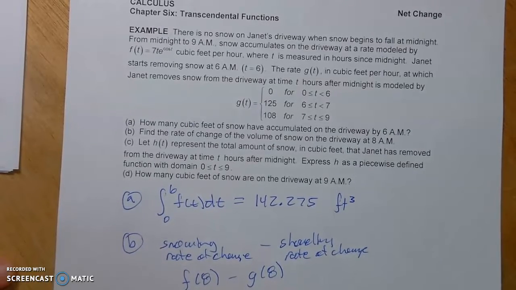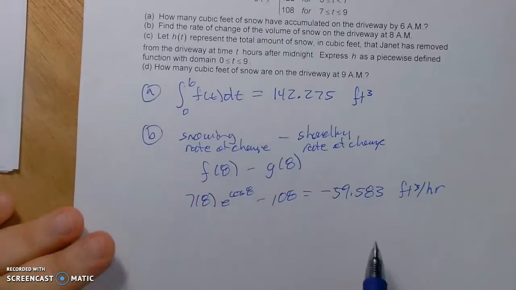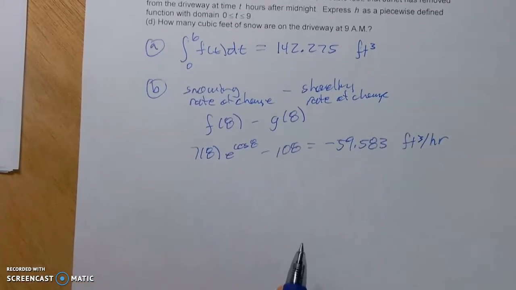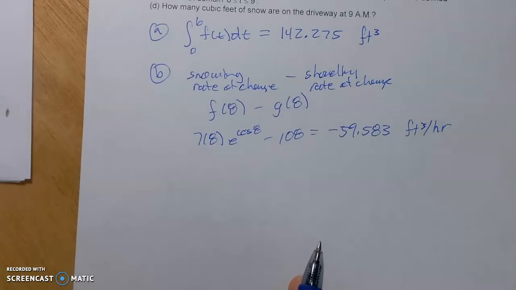So 7 times 8 e to the cosine of 8 minus 108 gives us negative 59.583 cubic feet per hour. So she's making a dent and removing more snow than is coming down. So she's getting her driveway clear.